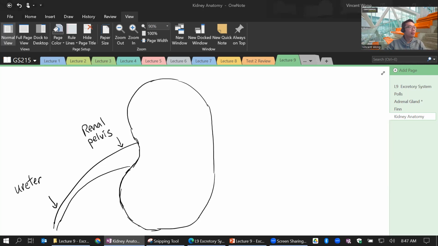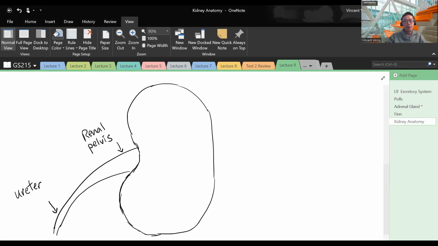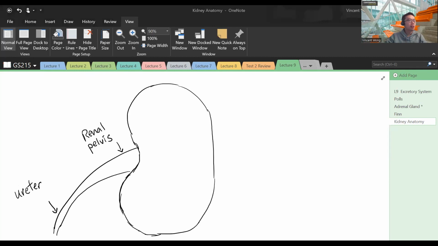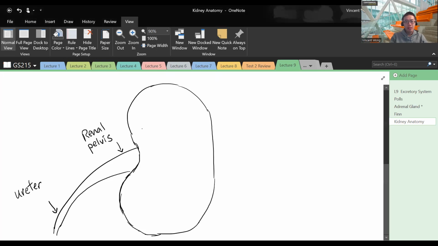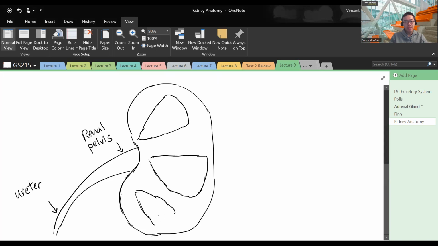All right. So far everything should still be pretty straightforward. And what we're going to do now is draw some triangles on the inside. Depending on how you cut the kidney and which section you're looking at, sometimes there are 6, 7 of these triangles, sometimes even 8 or 9.